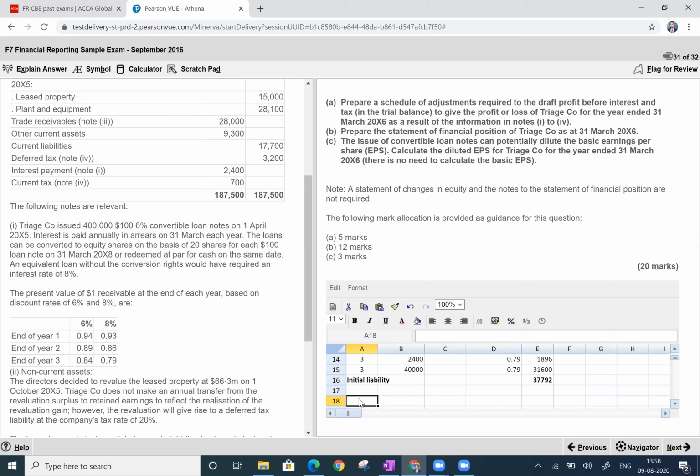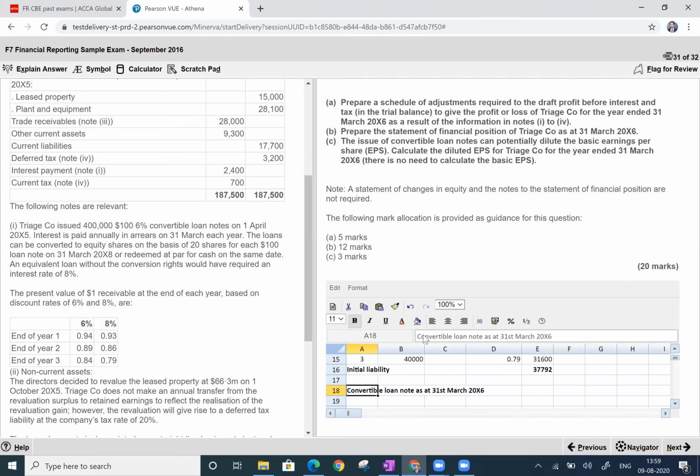You have to show the convertible loan note as on the year end, 31st March. Convertible loan note as at 31st March 20x6.